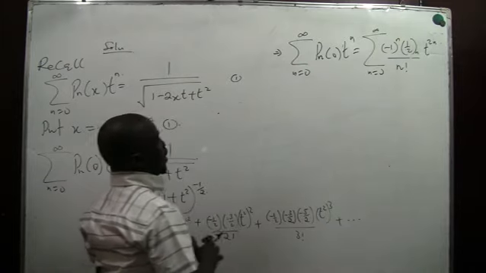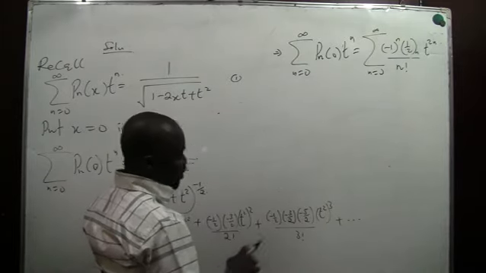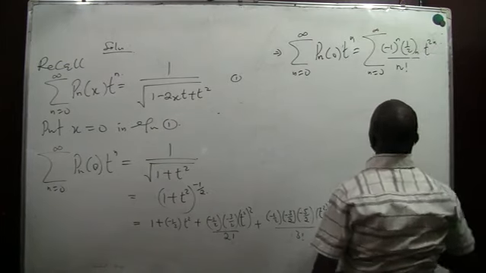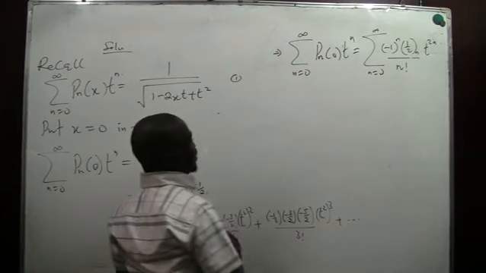Now, the right hand side suggests that all what we have here are even powers. So what do we do? We come back to the left hand side.